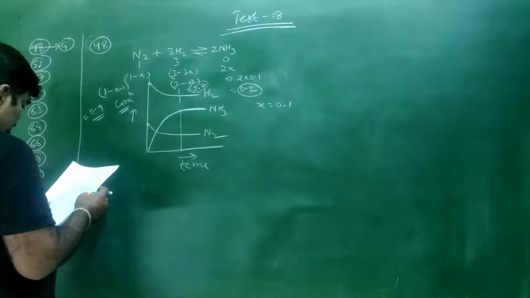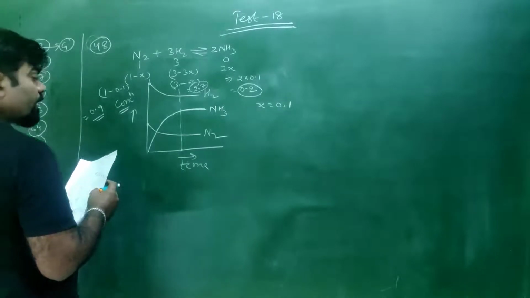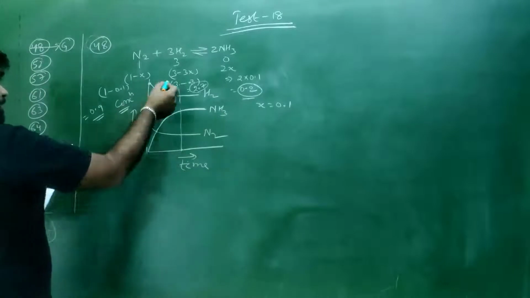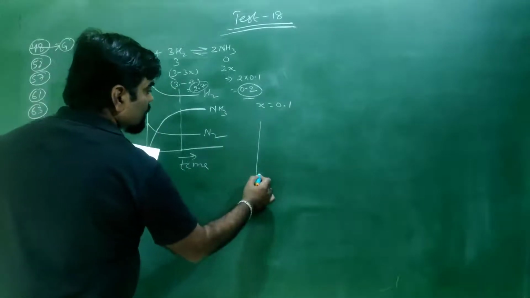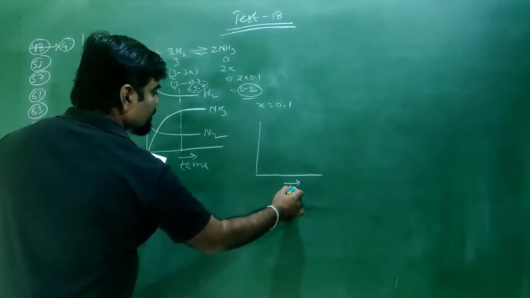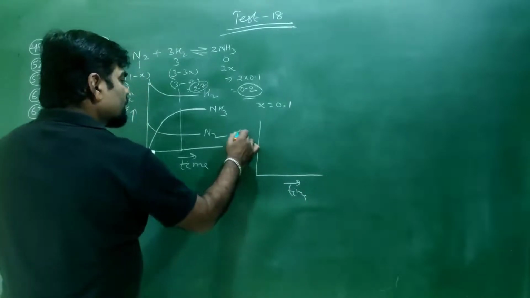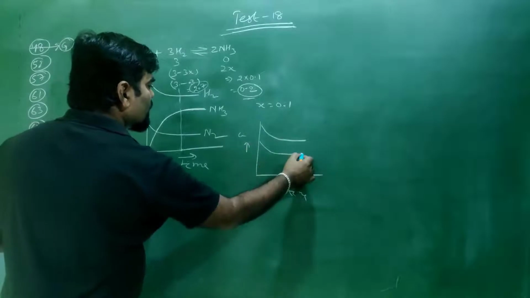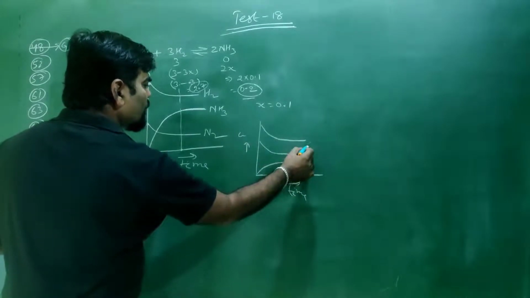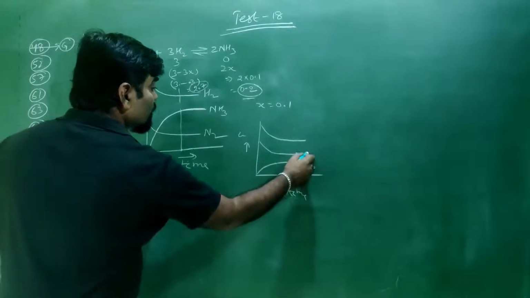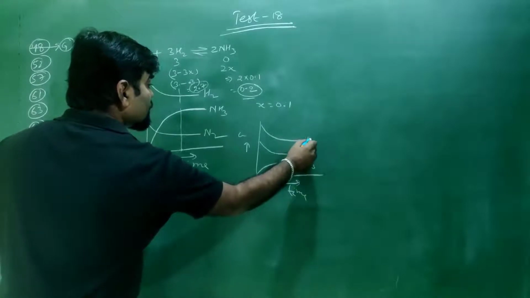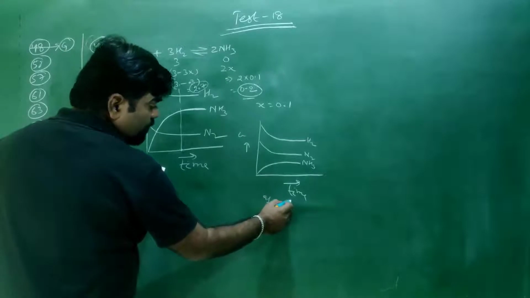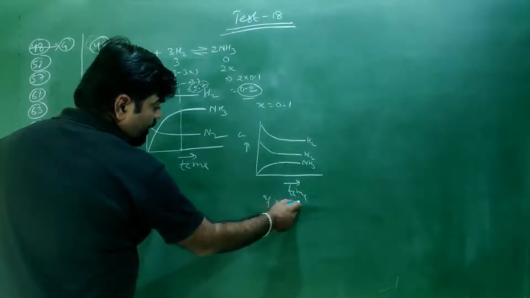So if we consider this, then we'll have this graph with time over here and concentration: this will become hydrogen, this will become nitrogen, this will become ammonia. If we take x equal to 10% or 0.1.